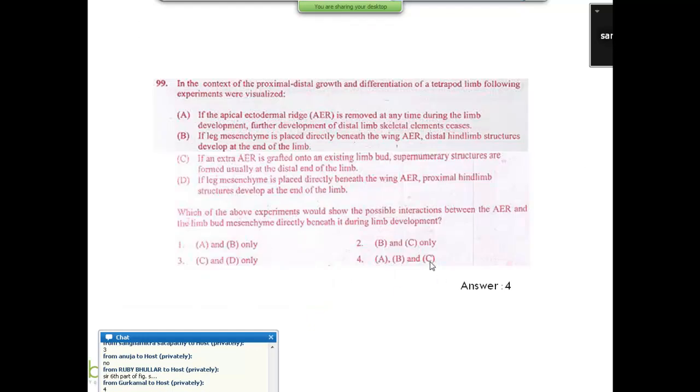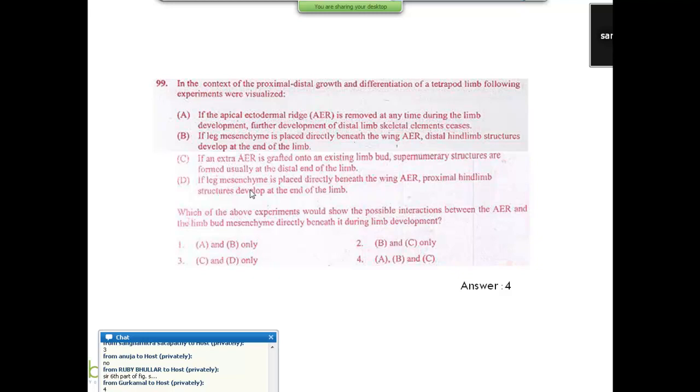Here also, by straight, A is correct, B is correct. But we can cross this one. But don't do that one. Go for the next options and then see that definitely this is not the one. We can go for this, even though I don't know whether D is right or wrong. Leg mesenchyma, do you think that no leg only will be formed?